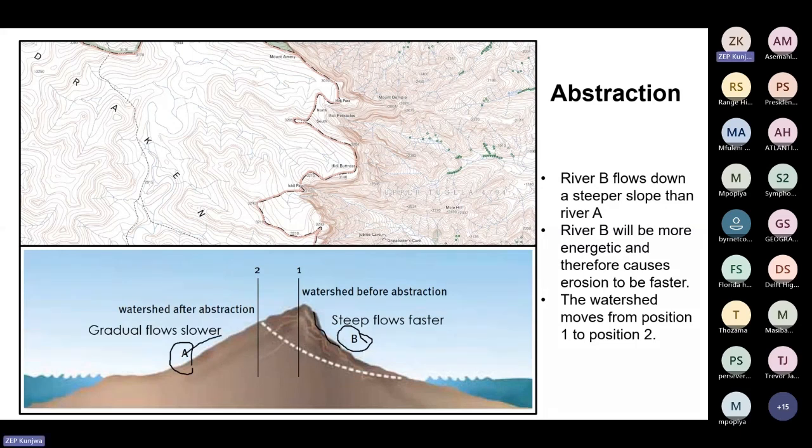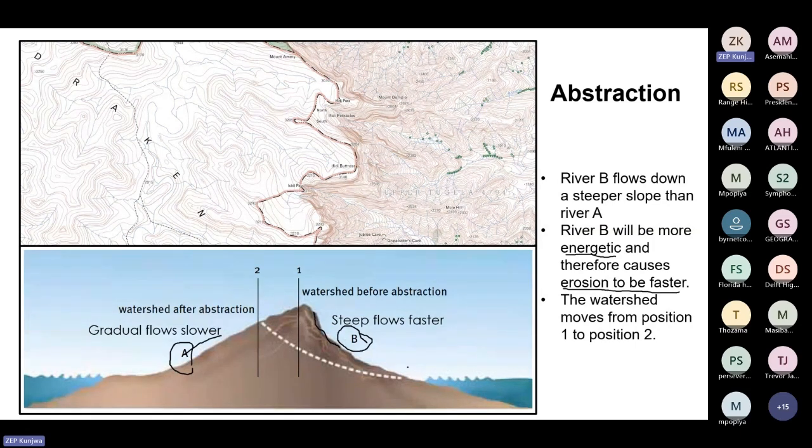So this river is going to be energetic. And then this river B, because it's more energetic, the slope allows it to be energetic because it is steeper. The river will do a lot of erosion. That is going to be faster and more erosion.